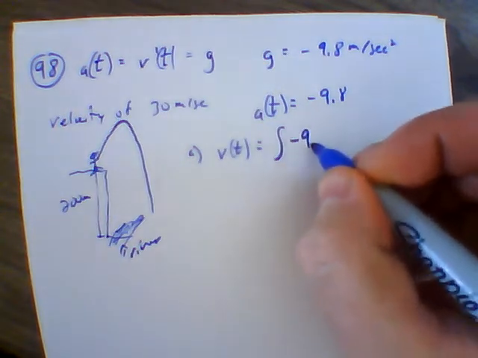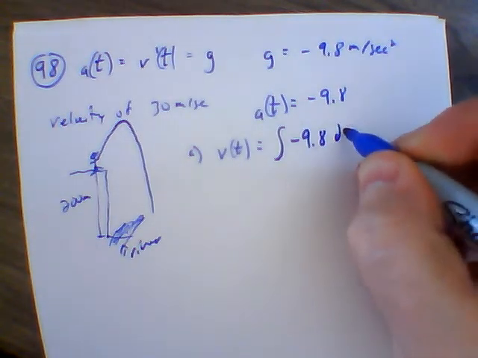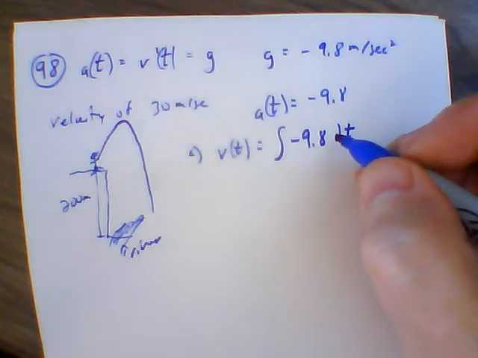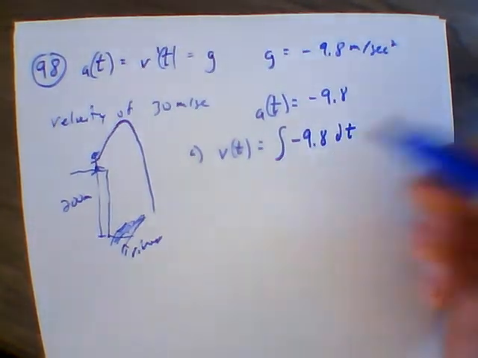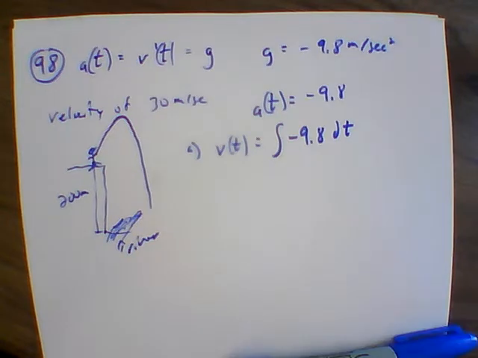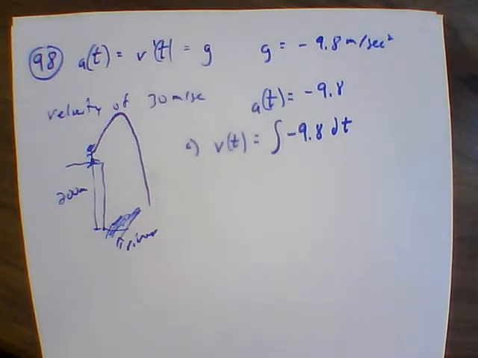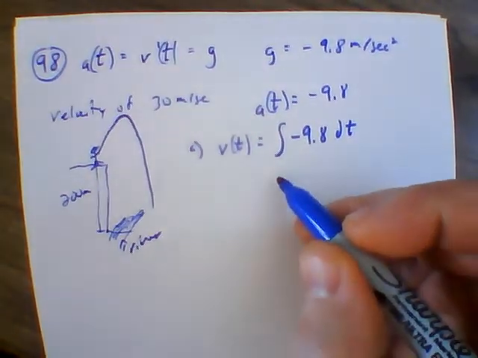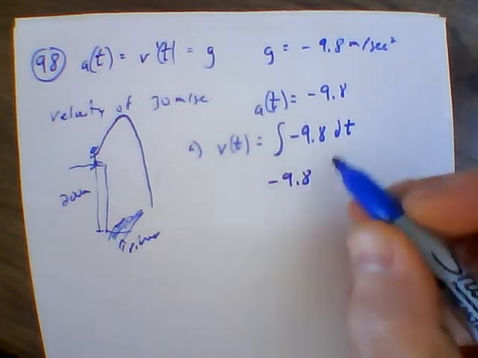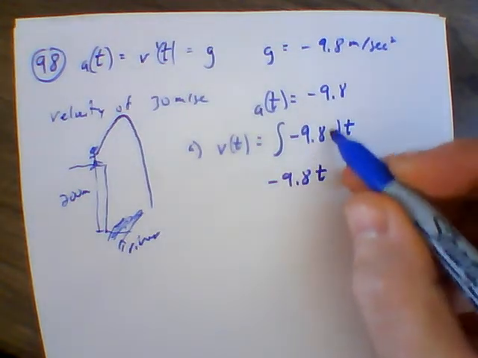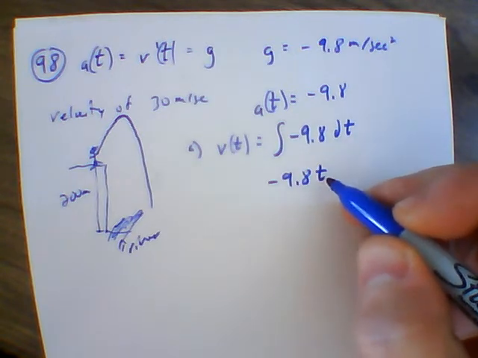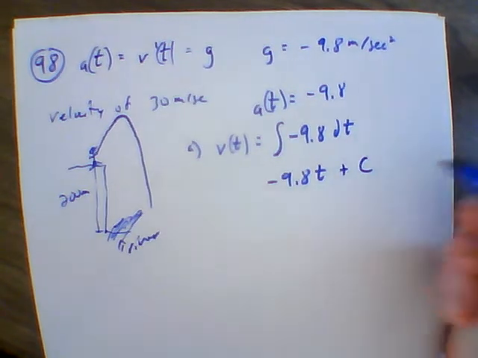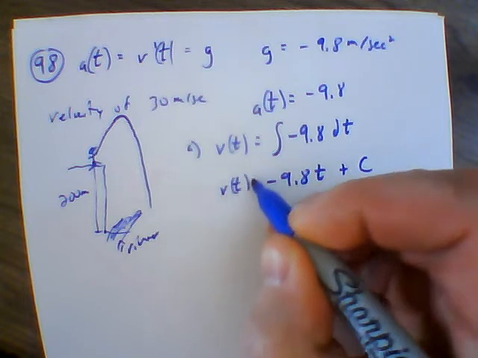So if I take this negative 9.8, once again dt, because time is our variable in relationship here, we're going to take the integral of this. So what we get here now is we get that we have a negative 9.8 t. Once again, this was t to the 0, so I add 1, that's a 1, then divide over, we get this. And then plus c, so we see our velocity of t equals this.